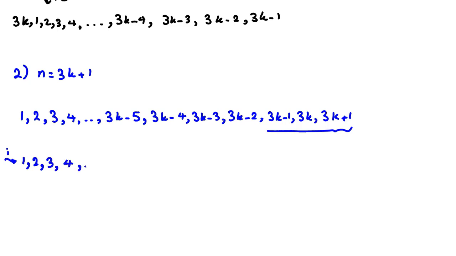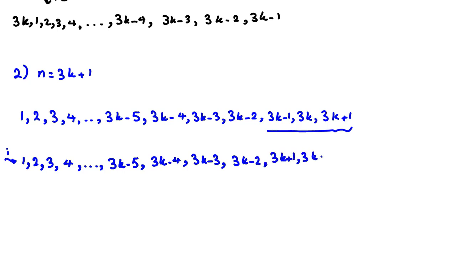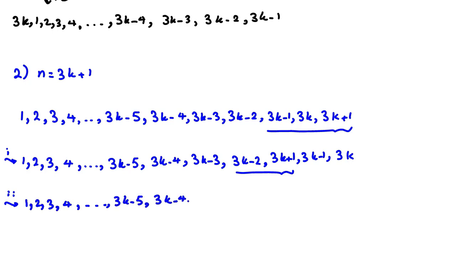It will be 1, 2, 3, 4, 3k minus 5, 3k minus 4, 3k minus 3, 3k minus 2, and here 3k plus 1, 3k minus 1, 3k. Now we use the second rule to switch these two things. It will be 1, 2, 3, 4 to 3k minus 1, 3k minus 4, 3k minus 3, 3k plus 1, 3k minus 2, 3k minus 1, 3k.